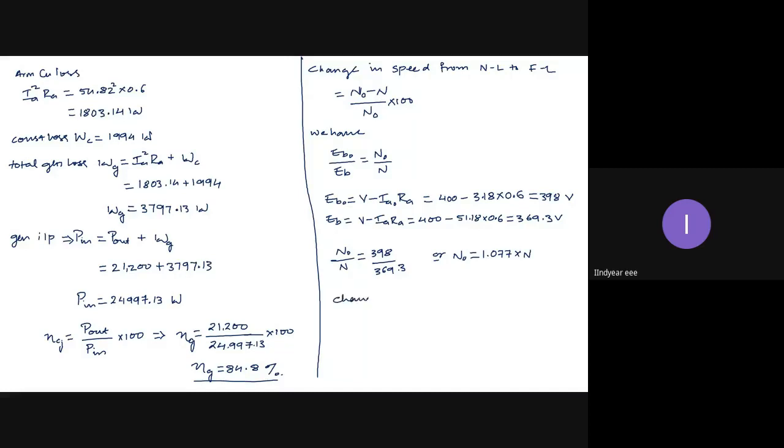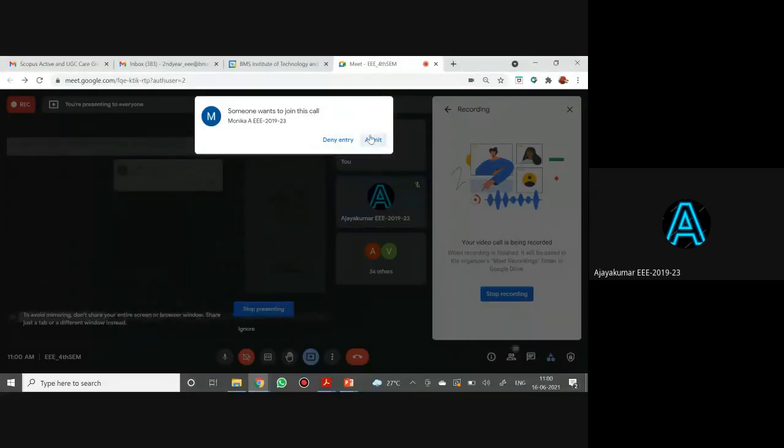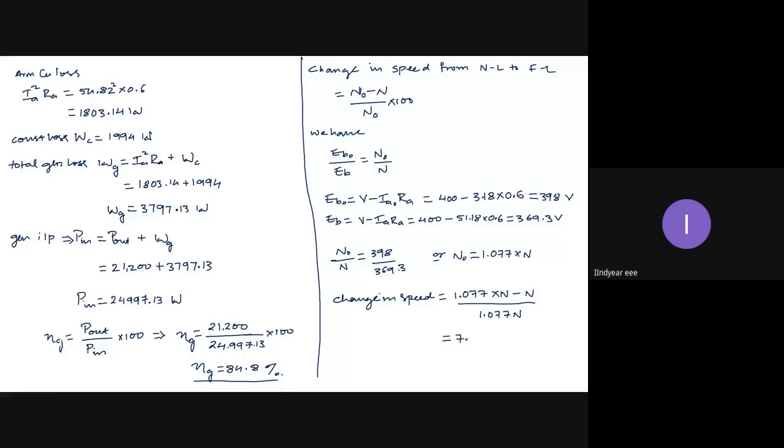So the change in speed is equal to 1.077 n minus n divided by 1.077 n, and this value will be 7.2%. So the change in speed from no load to full load is 7.2%.